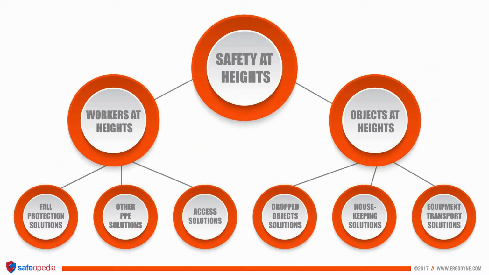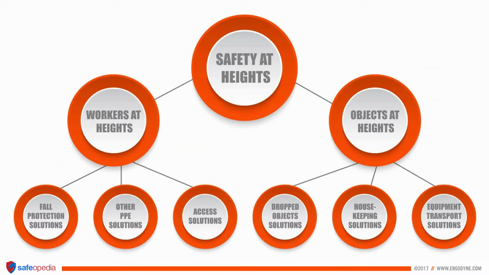Because ultimately, if we focus on the objects at heights and take a look at how we can manage those safely, we're doing the workers a better service and protecting them in a preventative manner. And we'll talk a little bit more about that as we go through our 8-step program.